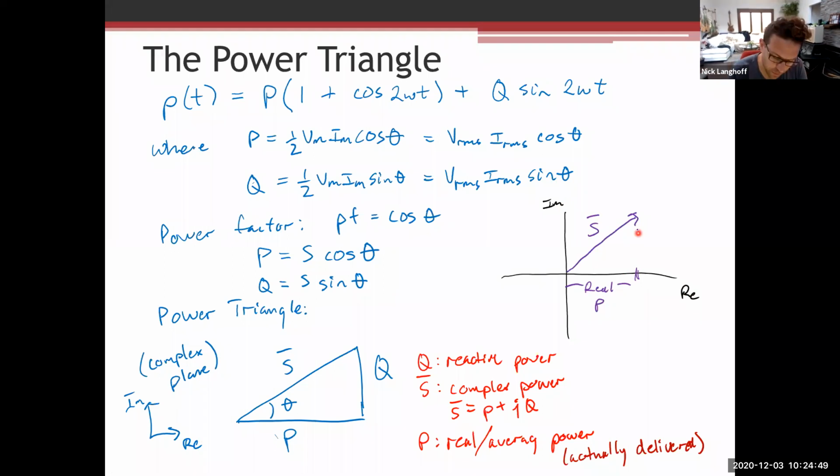And then there's a reactive part, and in this case, this would be a positive Q. And we say that a positive Q, a positive reactance, is in fact a lagging power factor, which means that the I believe the voltage is lagging the current, and that's an inductive load.